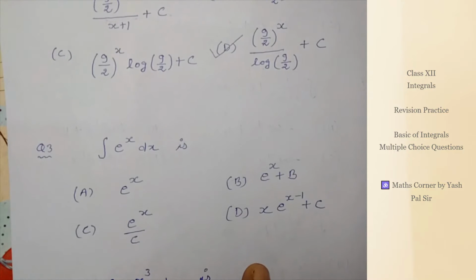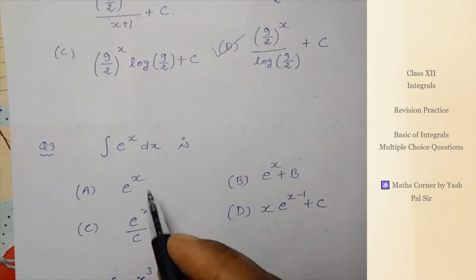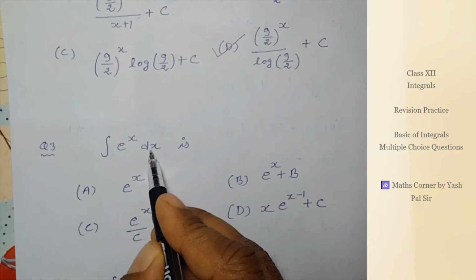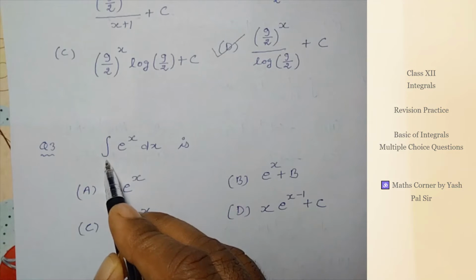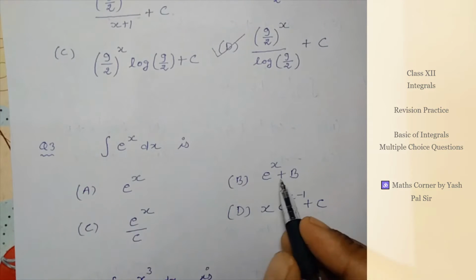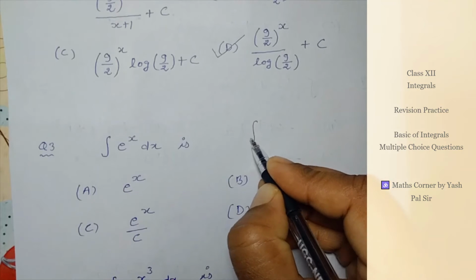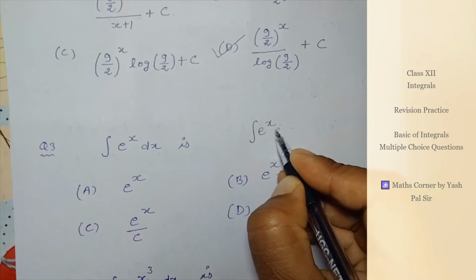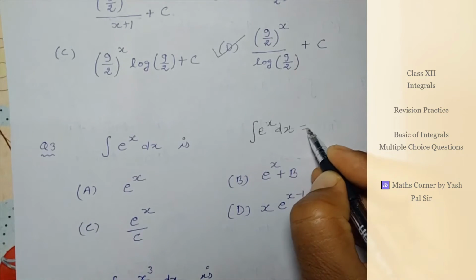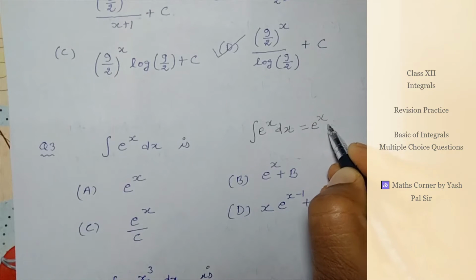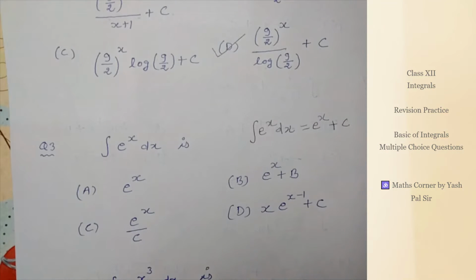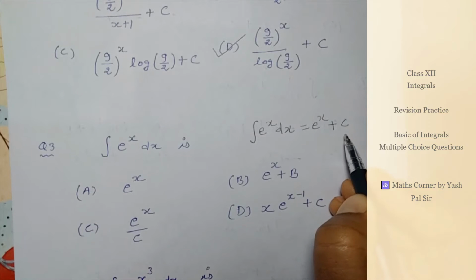Now next question, question number 3, e raised to power x dx. The integration, we know this remains the same. Integration of e raised to power x dx is equal to e raised to power x plus c. C means the constant of integration.